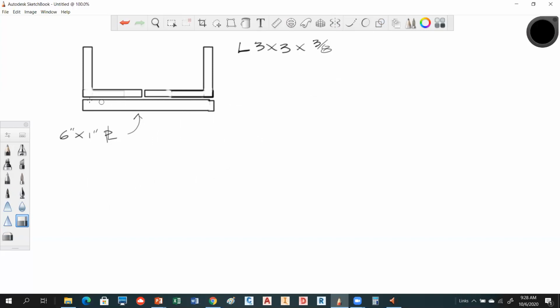Okay, so everybody get the idea? This would be sitting on that. It's either welded or it's bolted in place. We're going to call this piece over here where the origin is. The x-axis is going to be running up like this, and the y-axis is going to be running up the face of that angle like this.